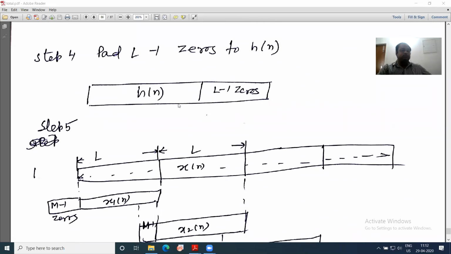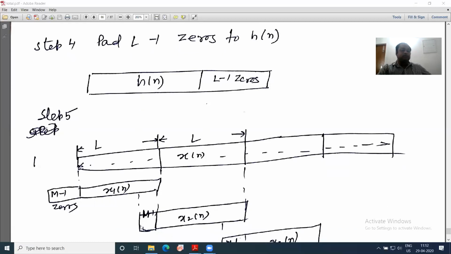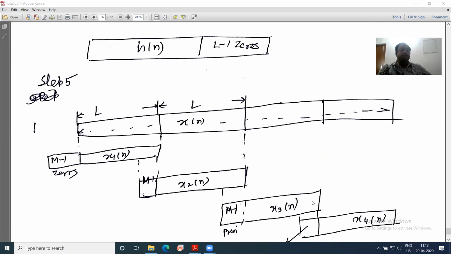I have to find the circular convolution of this entire block with this block. Similarly, for this entire block, I have to find the circular convolution with this block, and for this entire block also.